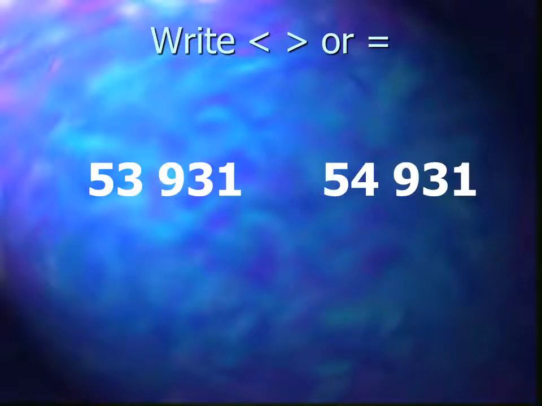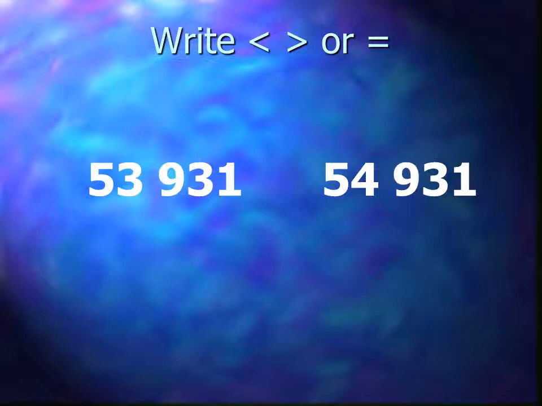With these two numbers, write greater than, less than, or equals to. The two numbers are 53,931 and 54,931.